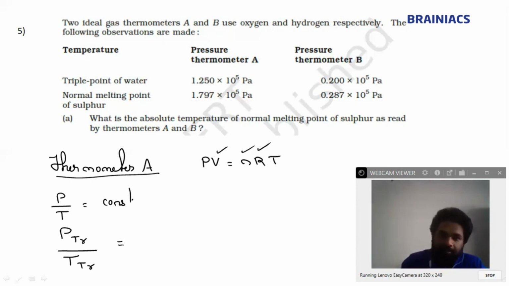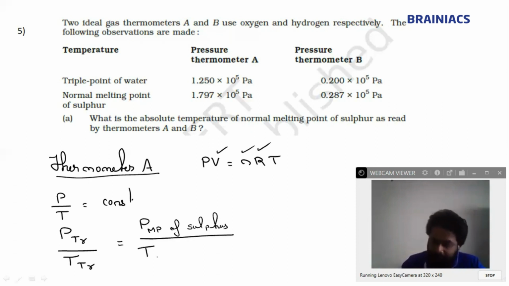We will take the pressure at a normal melting point of sulfur, divided by the temperature of melting point of sulfur. Normal melting point means the pressure everything is clear.